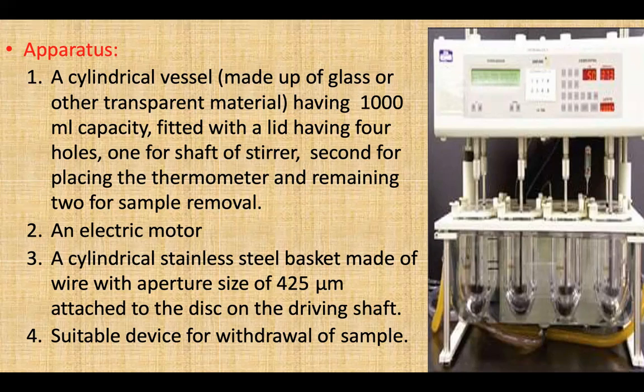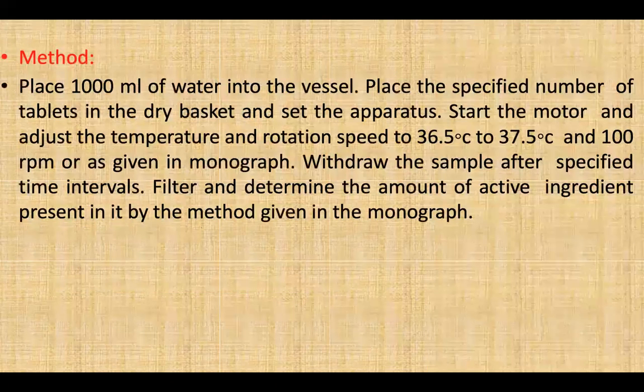It also has an electric motor, and a cylindrical stainless steel basket made of wire with an aperture size of 425 micrometers, attached to a disc on the driving shaft, and a suitable device for withdrawal of samples. Then the method: place 1000 ml of water into the vessel, place the specified number of tablets in the dry basket and set the apparatus.